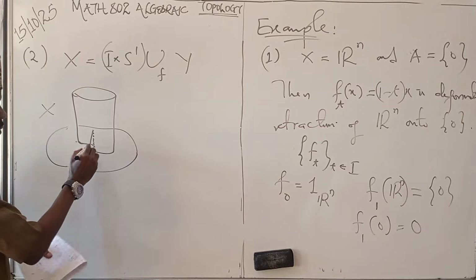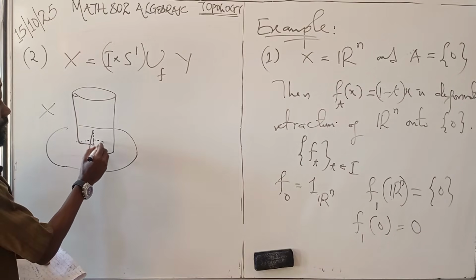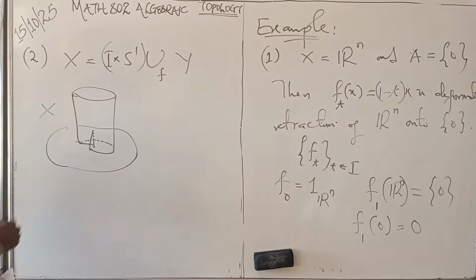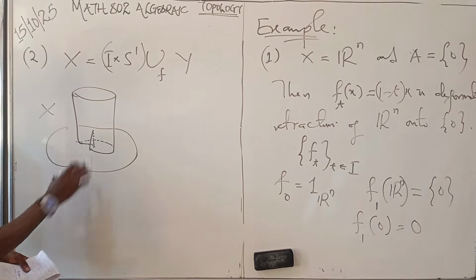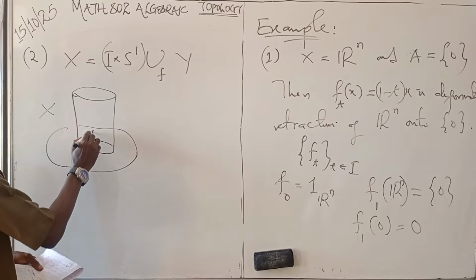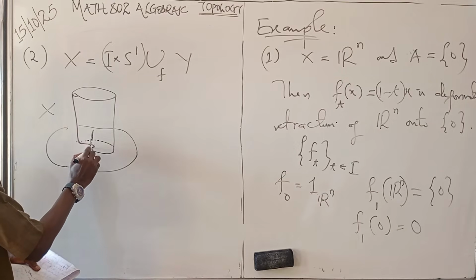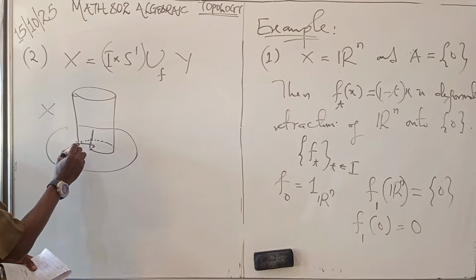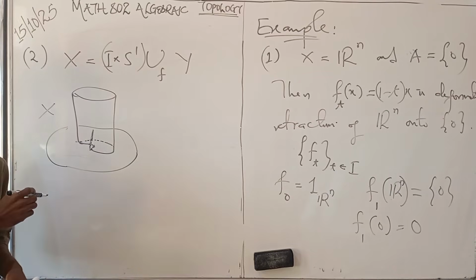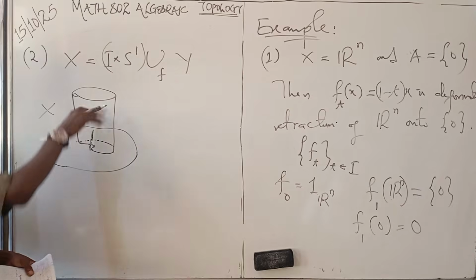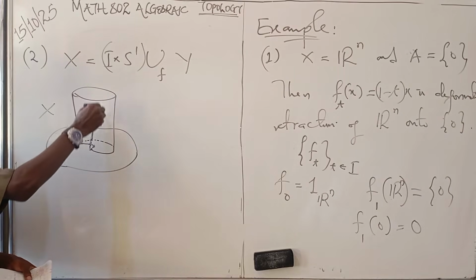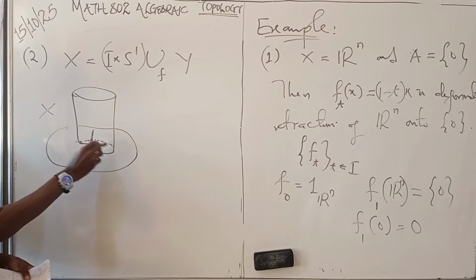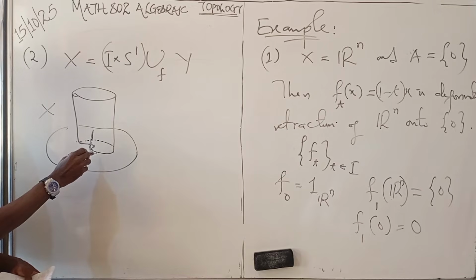Okay? But because you have this closed subset down here, you can collapse the entire cylinder down along this line down to this image. I hope it's okay.